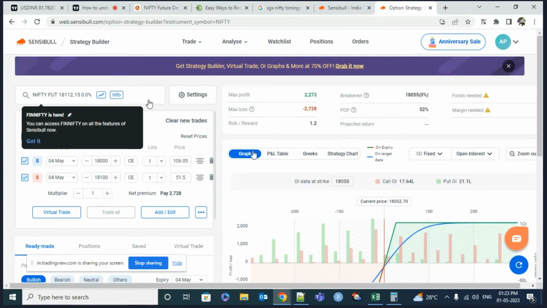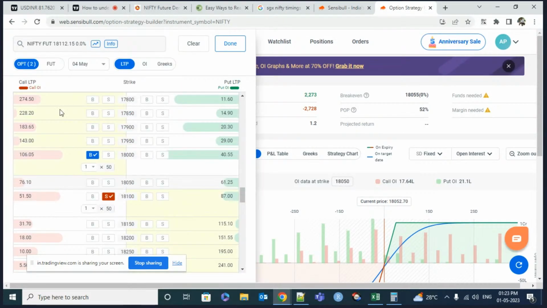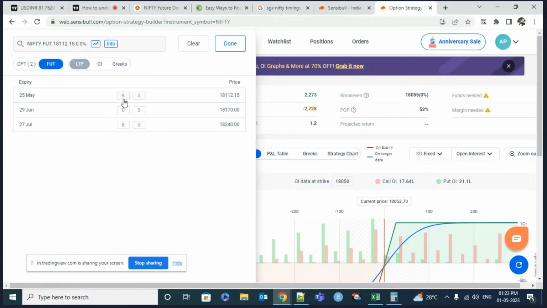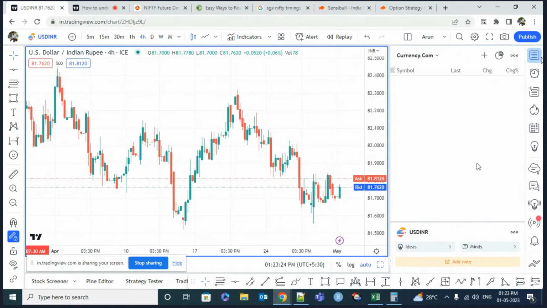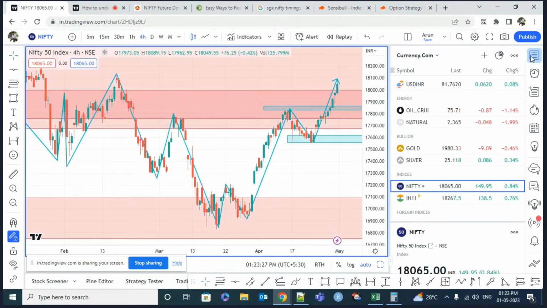Okay, bingo, that's possible. So you can even test your strategy whether it works or not. So I'll add a future here. Assuming the Nifty is still in a buy trend, yes, the Nifty is still in a buy trend.